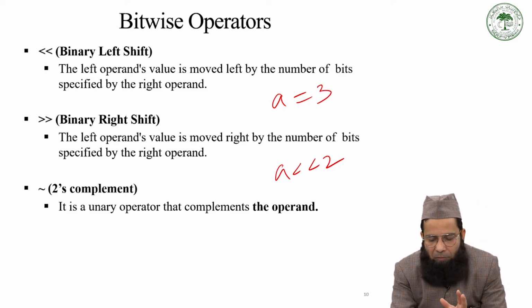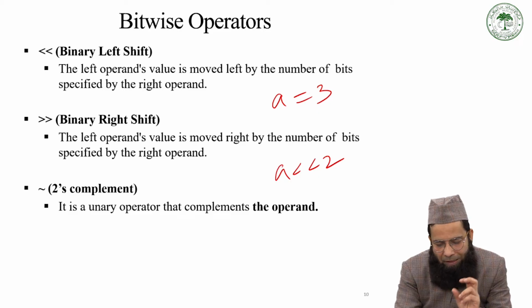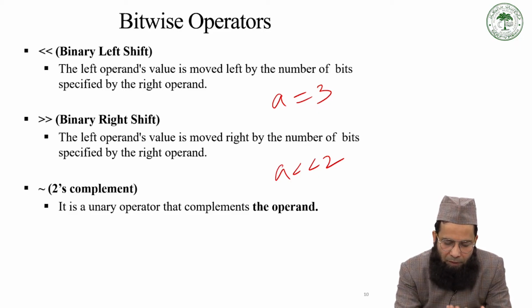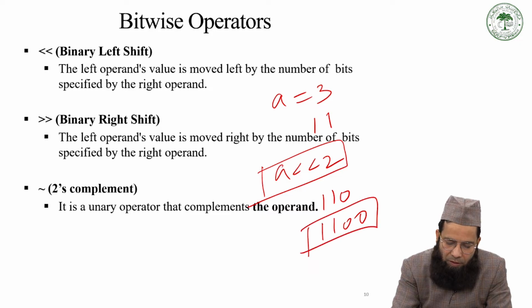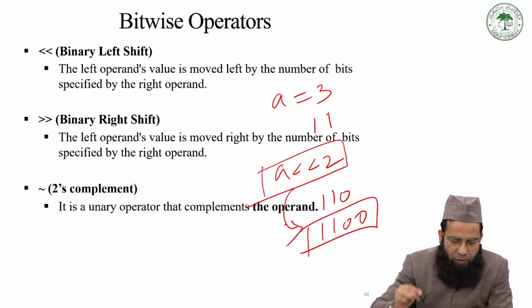It will left shift the bits 2 times. If I represent A in binary format, A will be 1 1. Since I am performing 2 left shifts, it would shift to 1 1 0 and then one more shift, so 1 1 0 0. This is the result of the left shift.